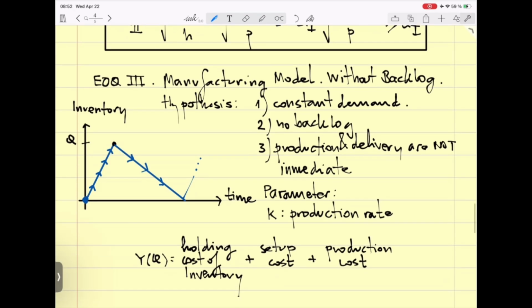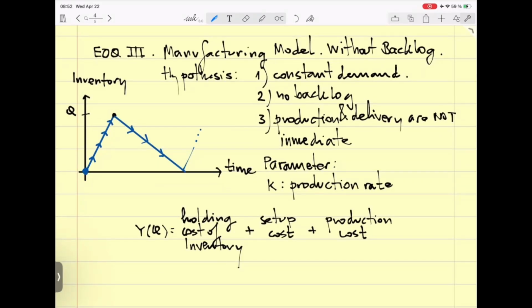In a simplified way, for the holding cost of inventory, now we have the average inventory.